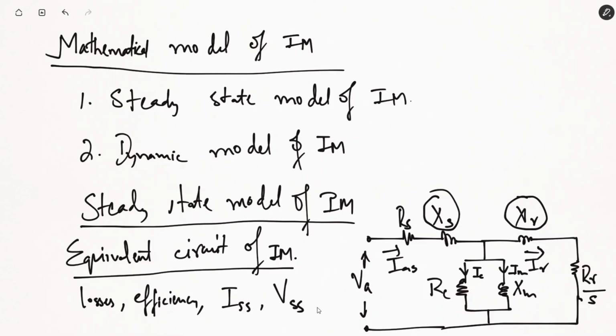You can calculate slip of the induction motor using the equivalent circuit or by knowing the speed of induction motor. So all these values, the steady state values, as well as the speed, torque, etc. we'll be able to calculate using the equivalent circuit of induction motor. So this is also referred to as the steady state model of the induction motor.